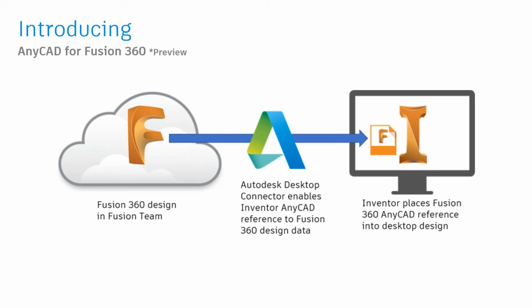So you can take your Fusion 360 design, use the Autodesk Desktop Connector, and bring it inside of Inventor using the same technology called AnyCAD. When you open something, you just say, I want to link to it. I don't want to import it. And there you go. It's that simple. This is the first step of having Fusion inside of the Inventor workflow.